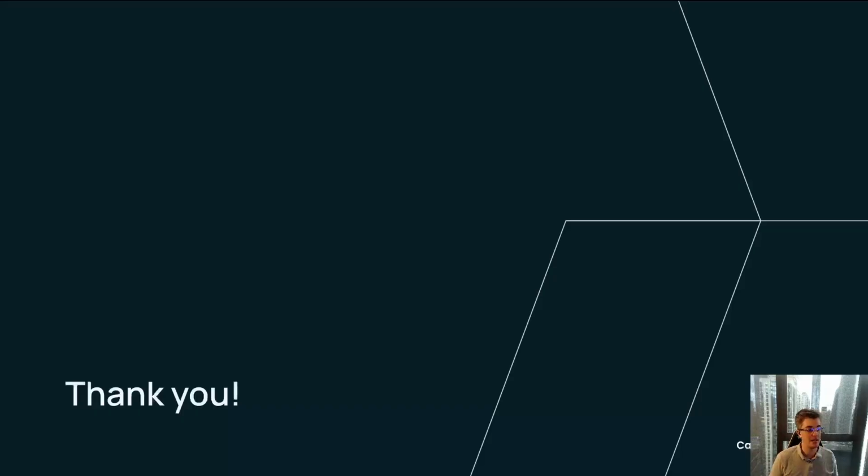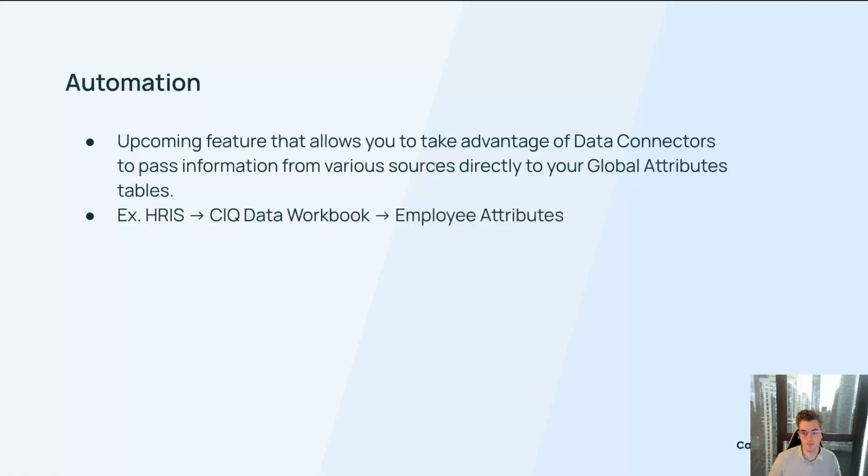Okay, last but not least here, automation. So I wanted to quickly just discuss an upcoming feature that will allow you to take advantage of data connectors to pass information from your various sources directly to your global attributes tables. So an example of this might be, we have an HRIS system. We have a data connector set up within Captivate IQ that automatically pulls that into a data workbook.